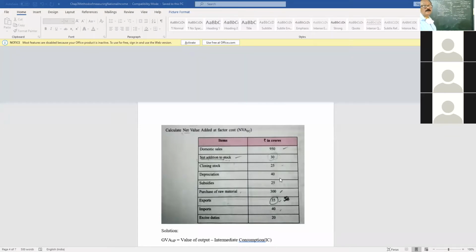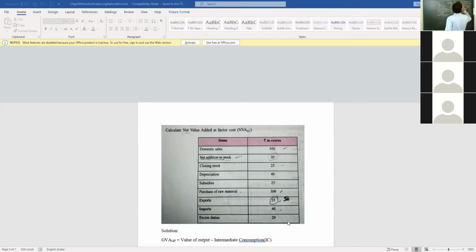Depreciation 40. Subsidies 25. Purchase of raw materials 300. Exports 35. Imports 40. And excise duties 20.